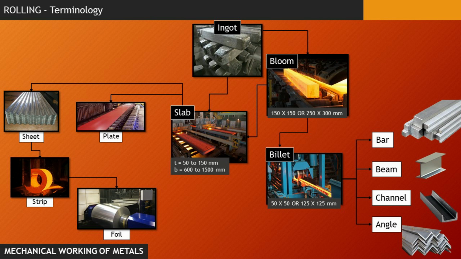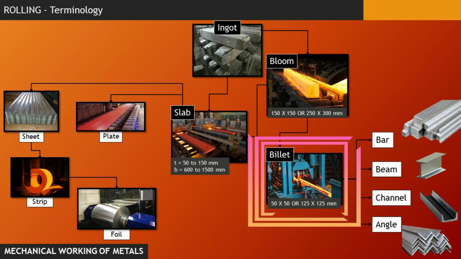These are structural shapes because this kind of shapes are used in making big structures like bridges and all. So these are the products coming from the raw material billet, and the billet used to come from a steel melting shop.